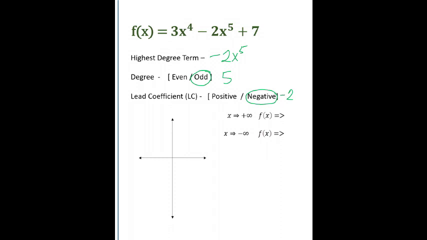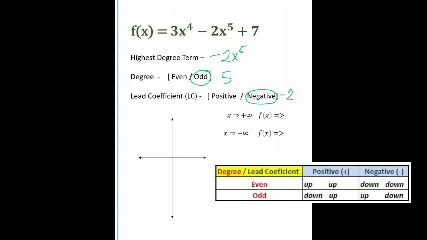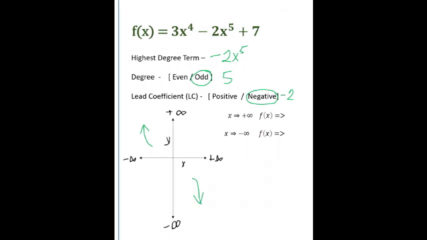Our highest degree term is negative 2x to the fifth power. Our degree is 5, and 5 is an odd number. Our leading coefficient is negative 2, so that is a negative number. When we have an odd degree and a negative leading coefficient, our left side end behavior is up, and our right side end behavior is down.